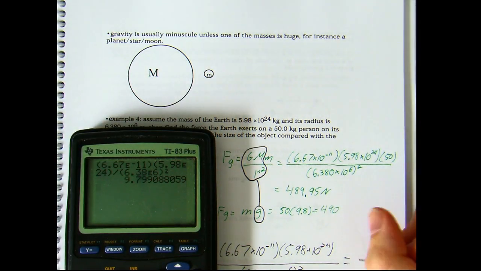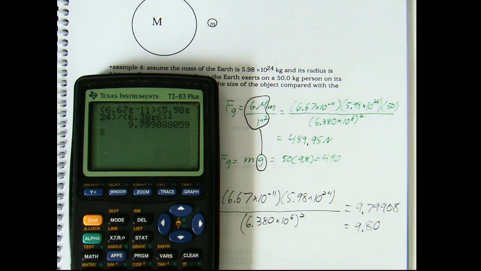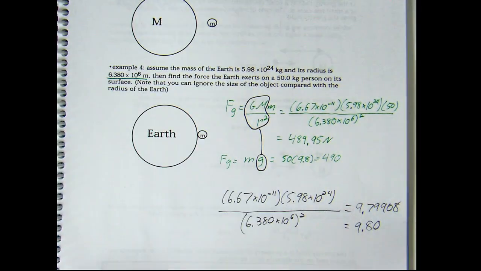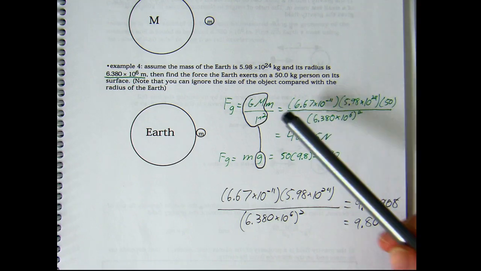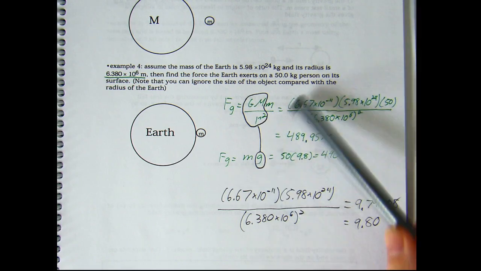And we get 9.79908, which we round to 9.80. Which is pretty cool. We get the value we expected to get using universal gravitation or using Fg equals mg. We get exactly the same thing.